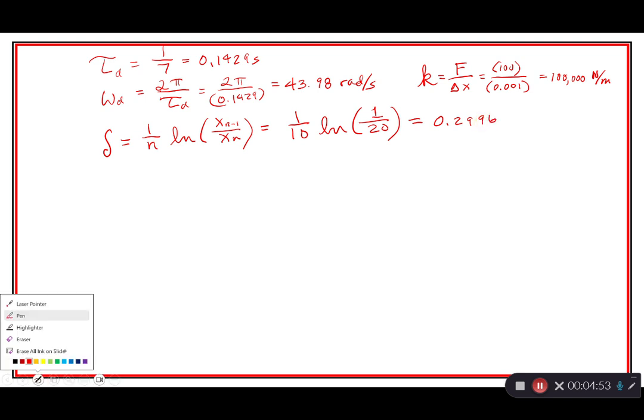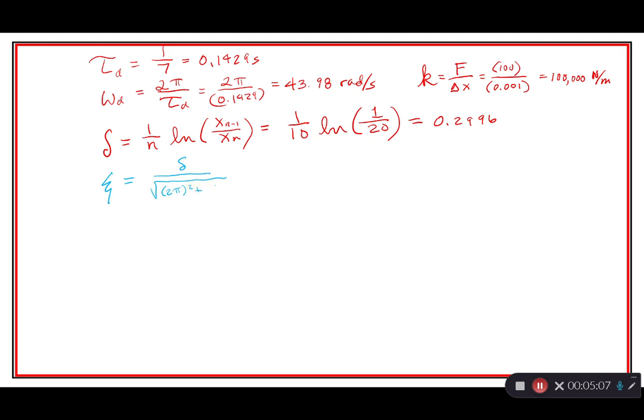All right, we've been using red for too long. Let's go to that baby blue. All right, so our damping factor can be found from the log decrement with this equation, where we have the log decrement over the square root of 2 pi squared plus this squared. The log decrement is 0.2996.